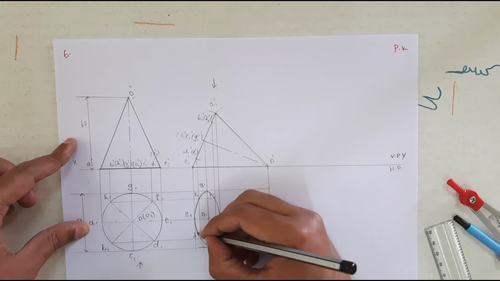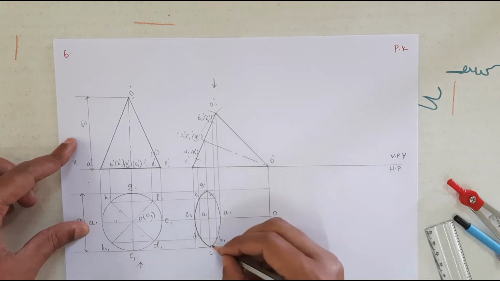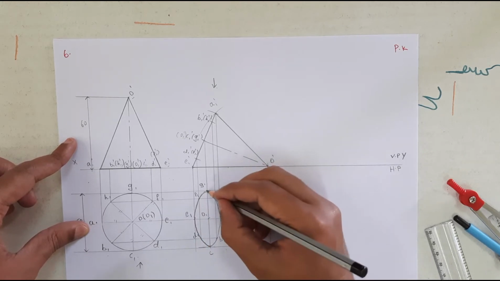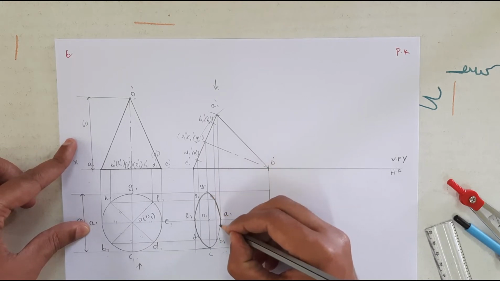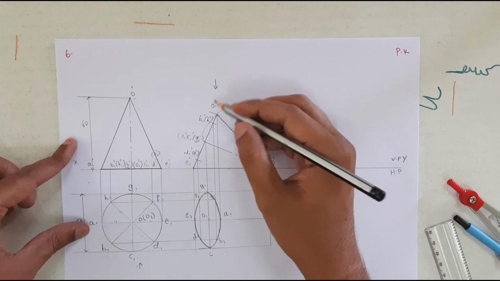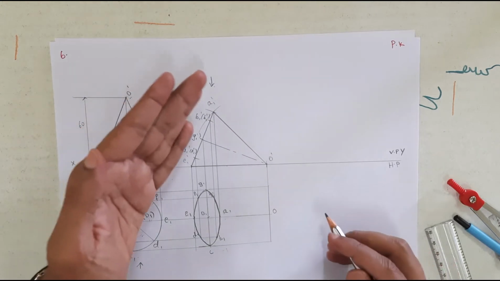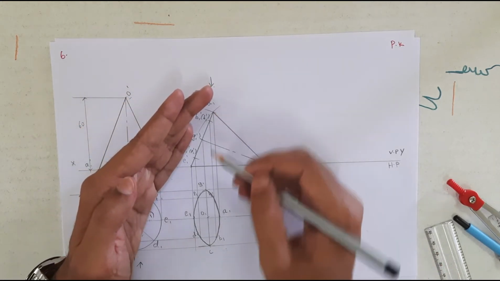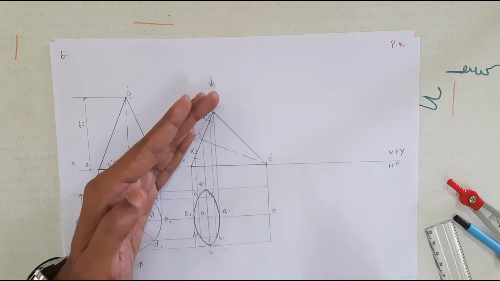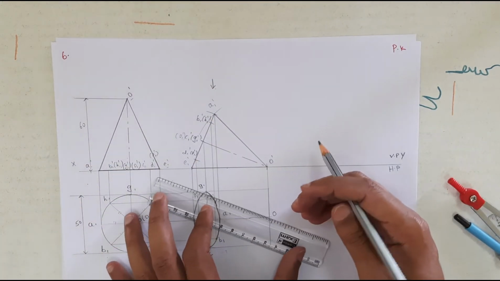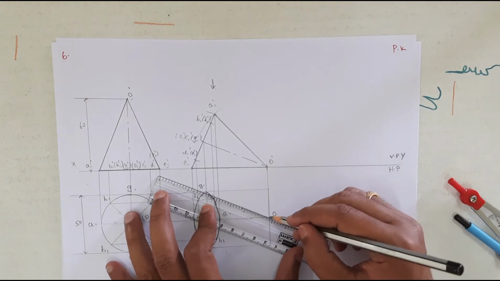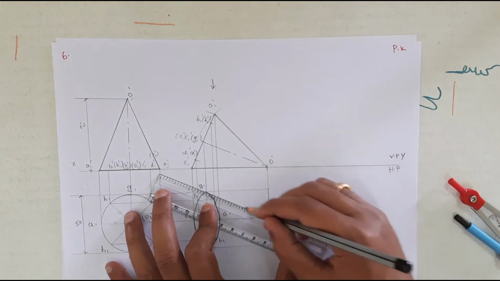As I told, this cone does not have any slant edges or corners, so only the bottom face, the circle, is visible, hence this must be dark. So what is the next step? The next step is that the outermost must be dark.